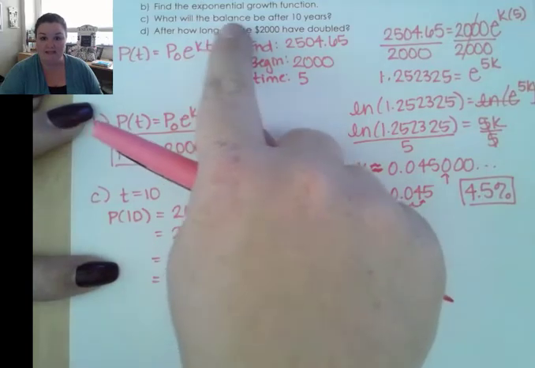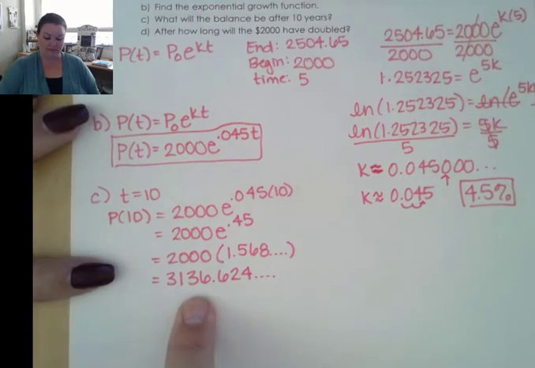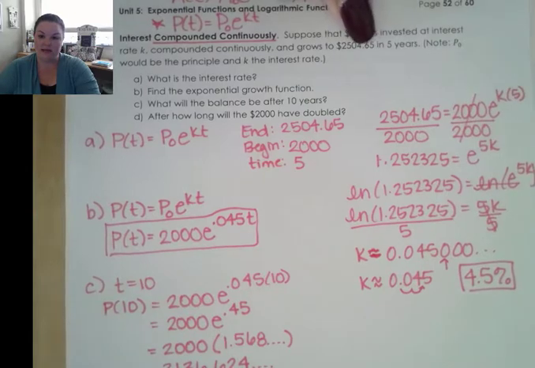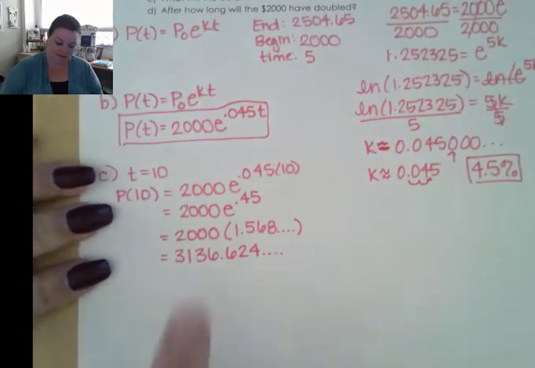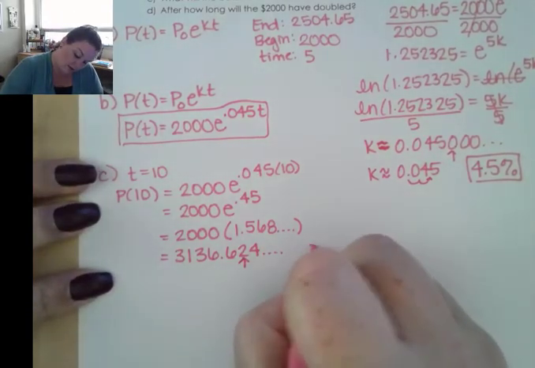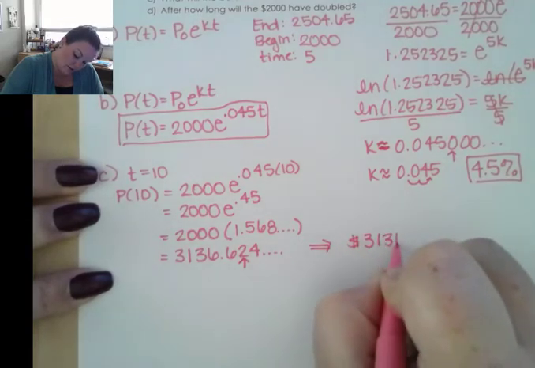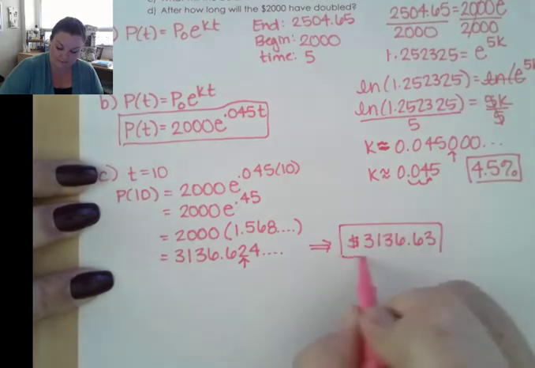What was the balance after 10 years? So normally we round to the nearest whole number, right? Because that's what our instructions said. But if you look back up at this problem, when they were talking about money, they actually gave cents. So I'm going to go ahead and leave 2 decimal places for cents here. So we're going to round it there, which is going to be approximately $3,136.63.